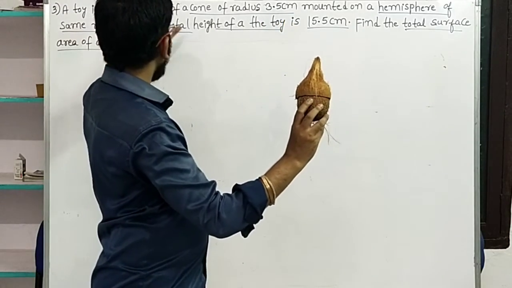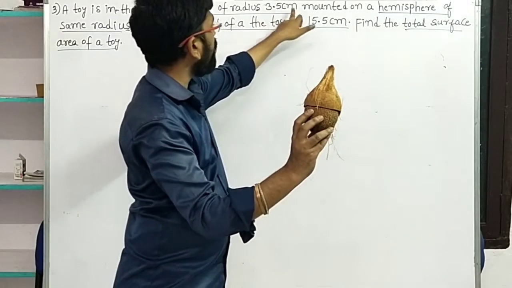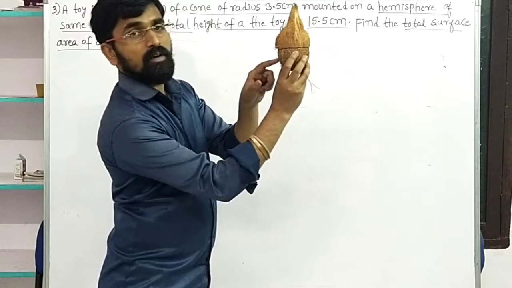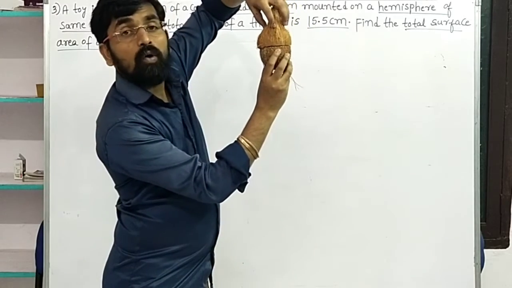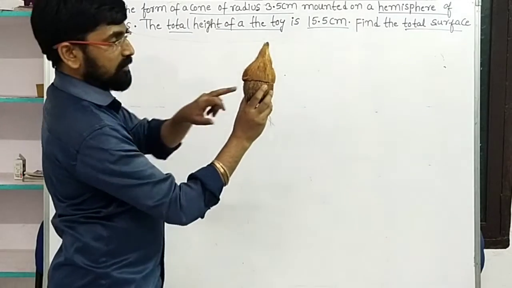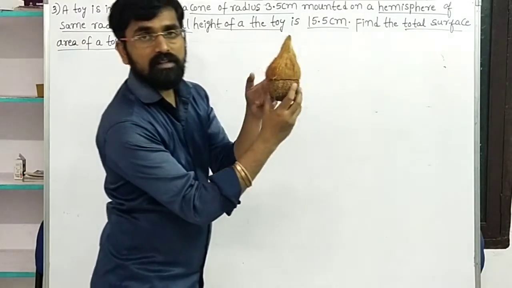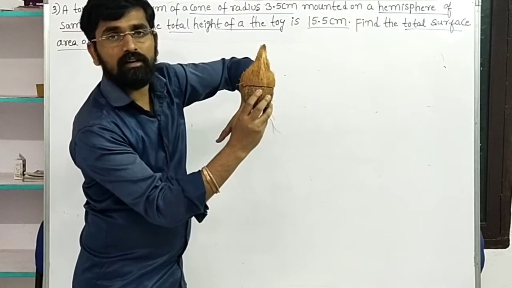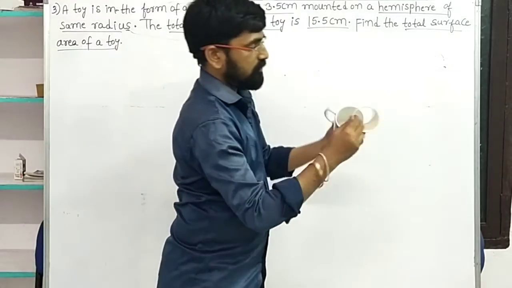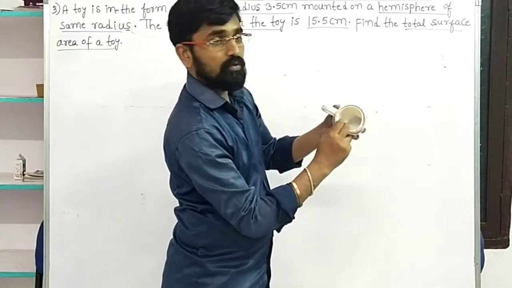A toy is in the form of a cone of radius 3.5 centimeters, mounted on this hemisphere. If it is the same radius, the cone does not go inside. It won't go inside if it is the same radius.